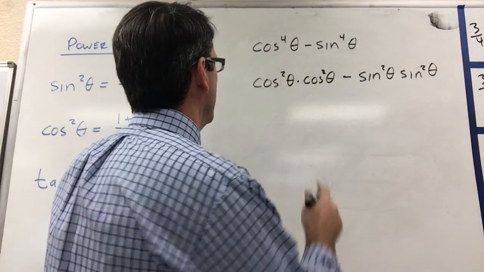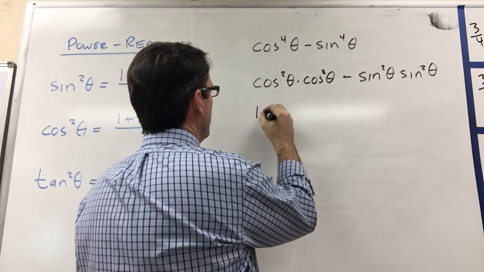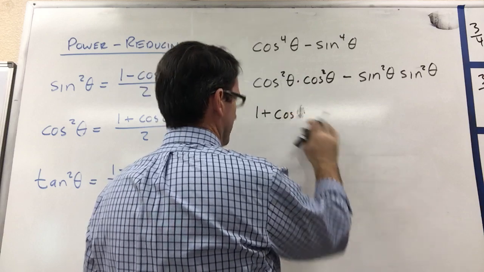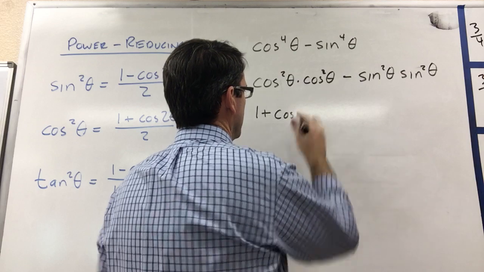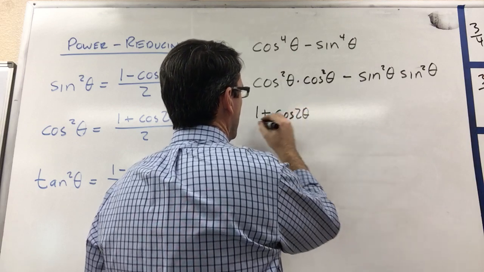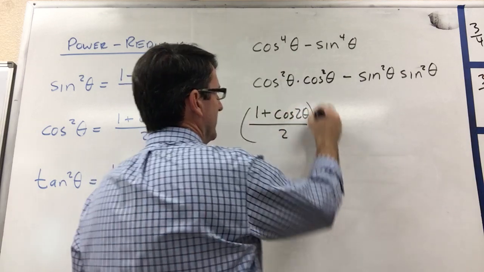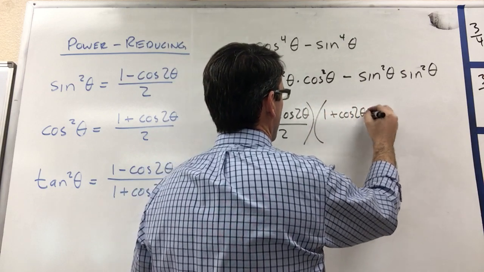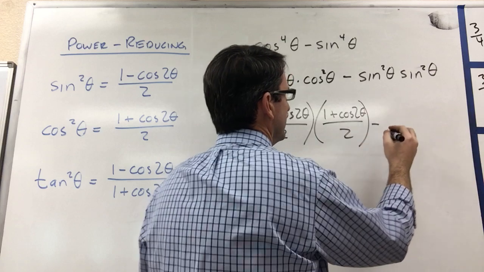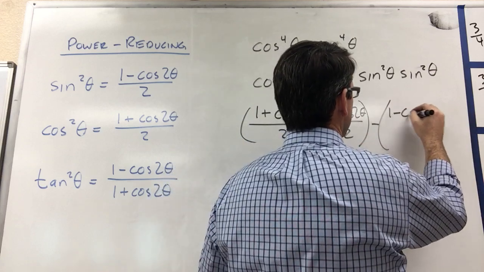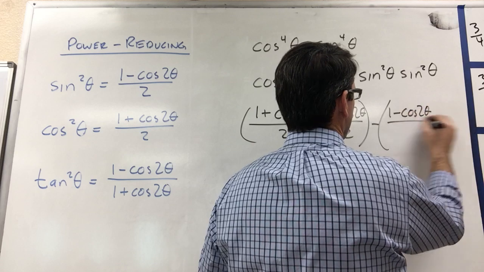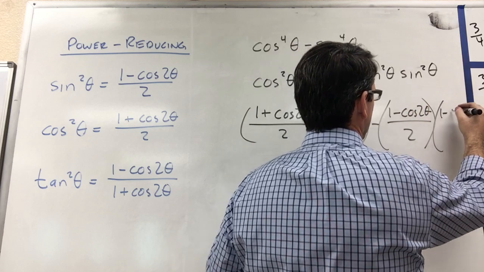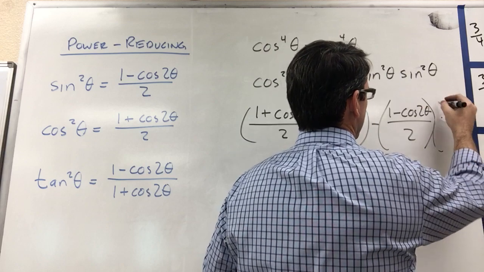Let's replace this cosine squared with 1 plus cosine 2 theta over 2, and we're going to do 2 of those, minus 1 minus cosine 2 theta over 2, and we'll do 2 of those. Let's just write it as squared.